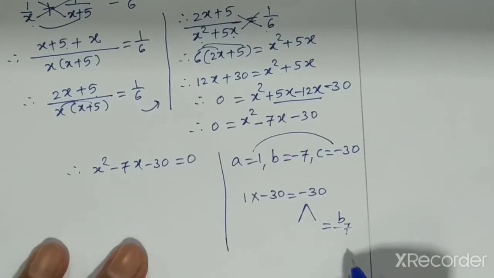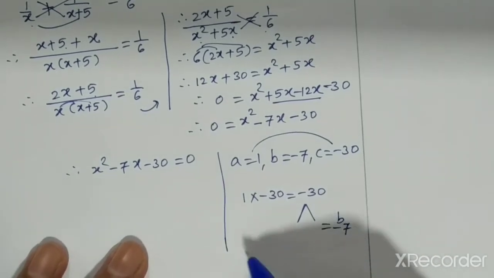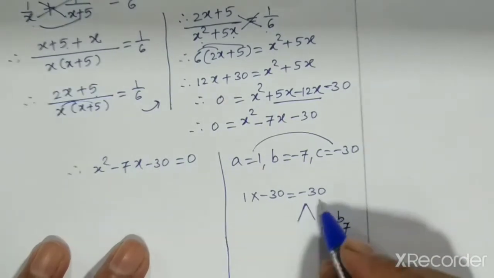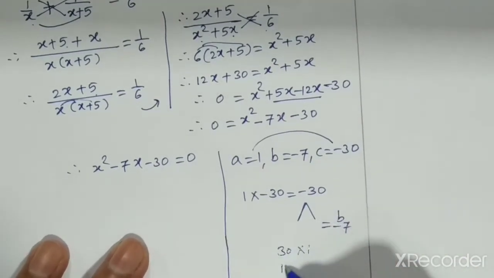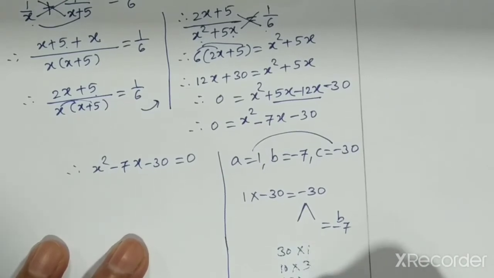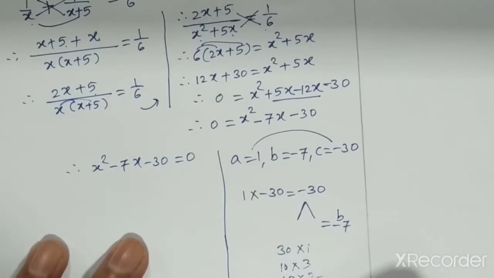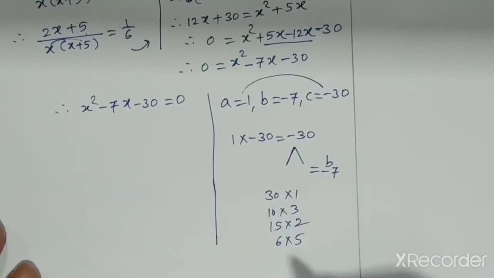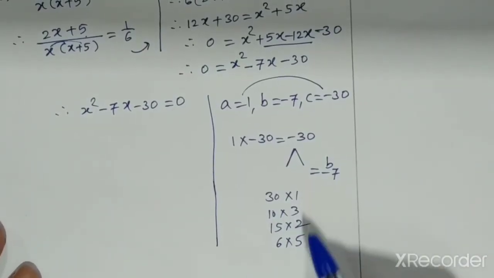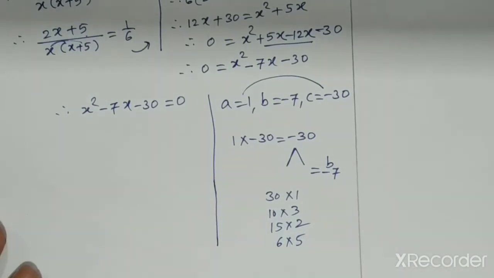So take the product 30. How many pairs having product 30? So 30 ones are 30, 10 threes are 30, 15 twos are 30, 6 fives are 30. So these are the 4 pairs having product 30. So we have to choose the correct pair out of these 4 pairs.